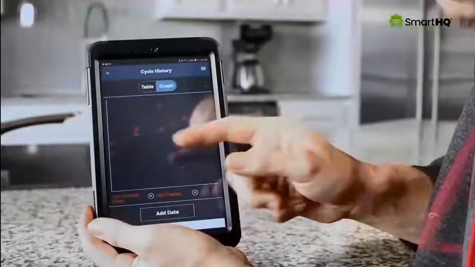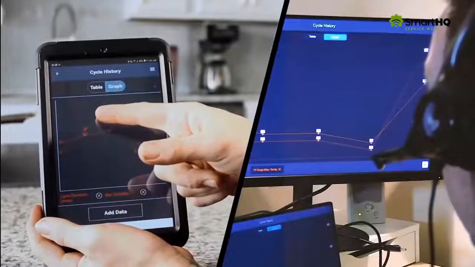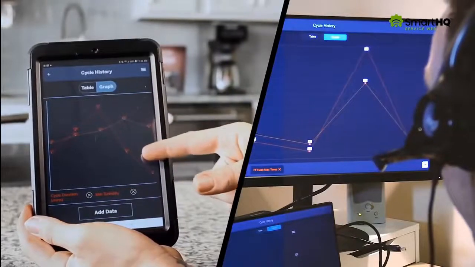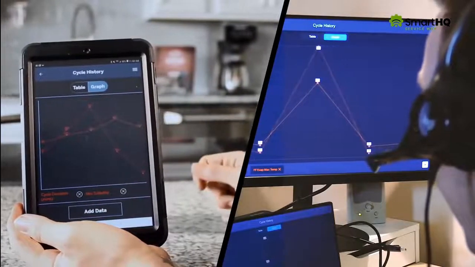The other is the ability to view the data that is captured whenever a service technician connects to an appliance out in the field using the SmartHQ Service app. These 2 powerful functions are certain to add a whole new dynamic to your triage process and increase your first-time completion rate, which can dramatically lower the cost of operating your business. And don't forget, SmartHQ Service Web is designed to run on any browser and on any device, giving you complete control and flexibility.